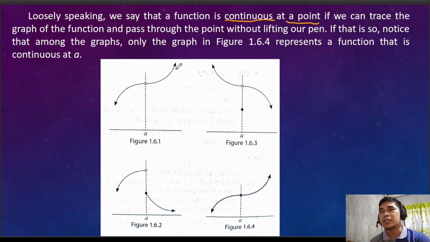So that is not continuous. That is the same also with 1.6.3. Okay? And here, 1.6.2 is even worse, since it continues way down here. So, therefore, out of the four figures, it's only figure 1.6.4 that we can call continuous at a point, because we can trace it without lifting our pen, even as it passes through that point.